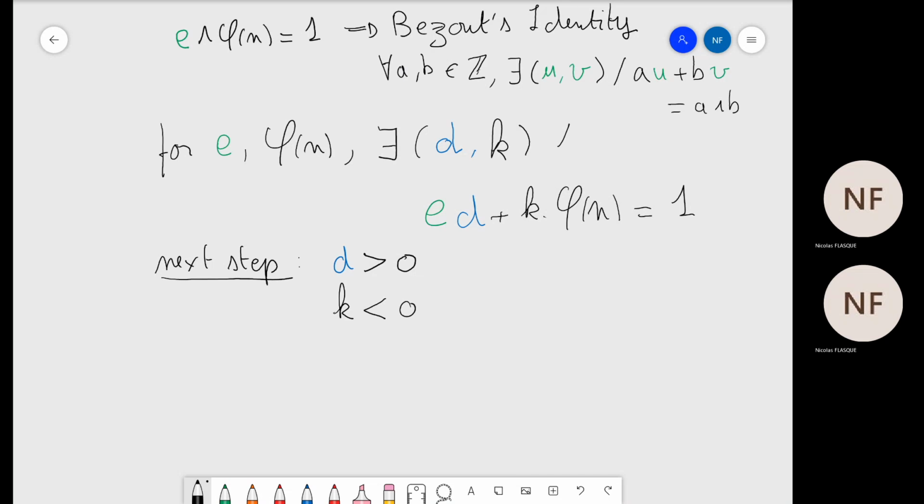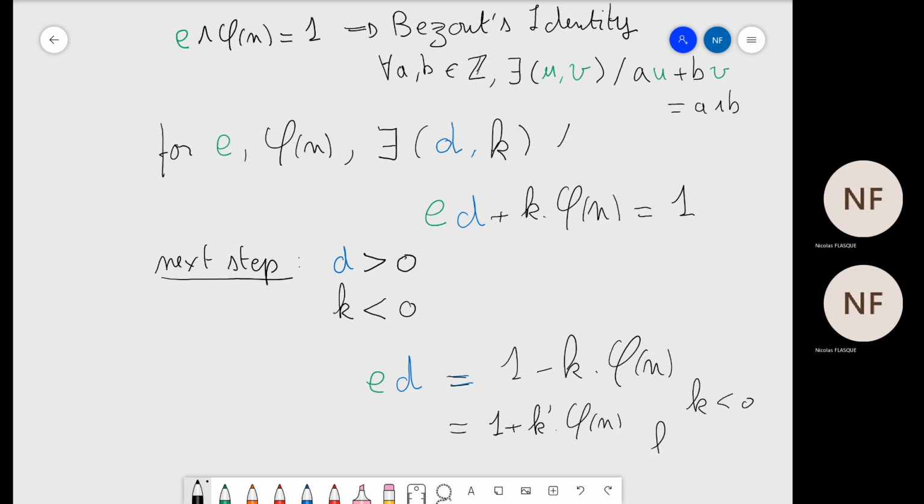Okay, so now how do we go ahead from this? As e times d plus k phi of n is equal to 1, e times d is equal to 1 minus k times phi of n, with k as a negative number, which is equal to 1 plus k prime times phi of n, let's call it k prime, actually it's minus k, but this is not important, with k prime as a positive number.